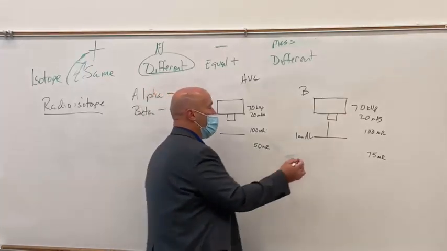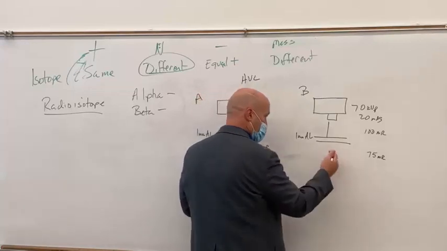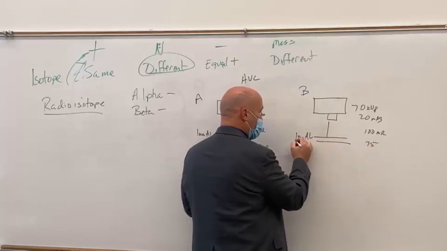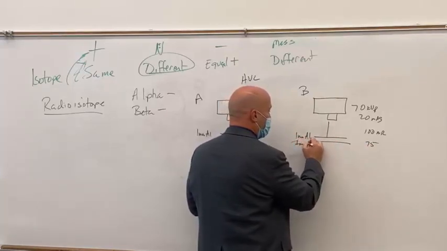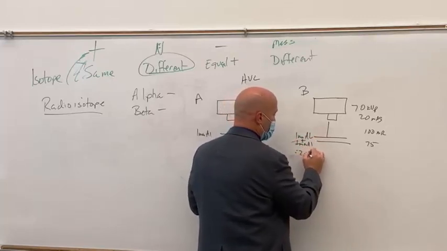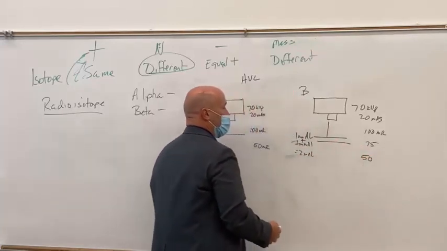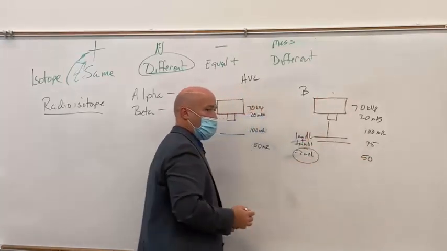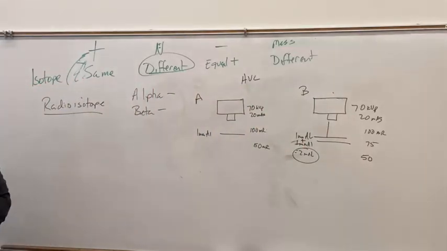So a room with more half value layer, that is, let's say if we move this to here, if it took two half value layers or 2 millimeters of aluminum, so we got 1 plus 1 equals 2 millimeters of aluminum, then in order to cut it down to 50, our half value layer here is 2 millimeters of aluminum, better quality X-ray beam, because it filtered out those low energy photons.